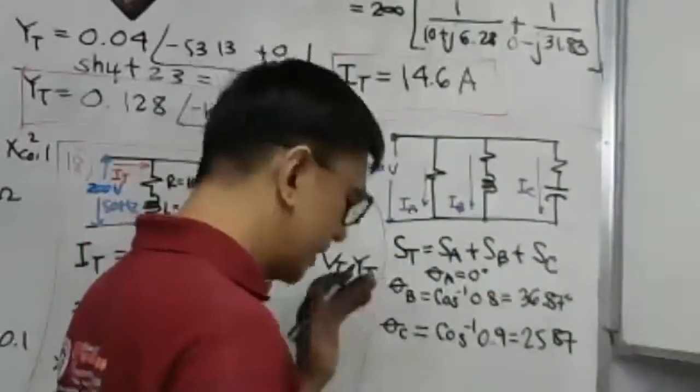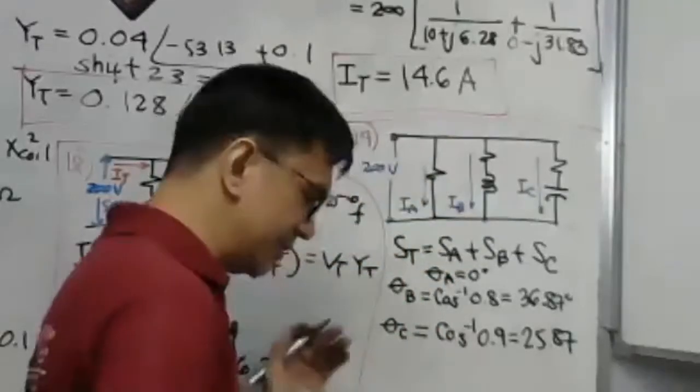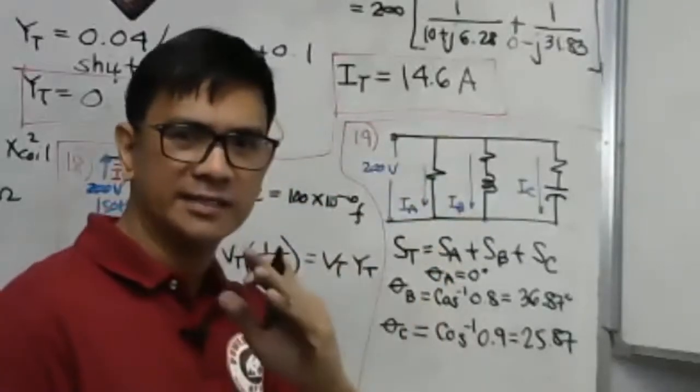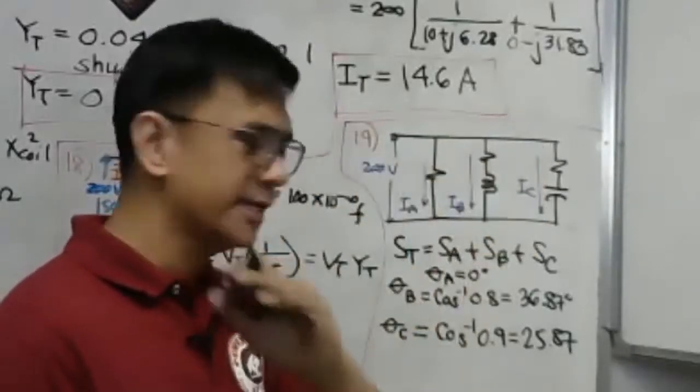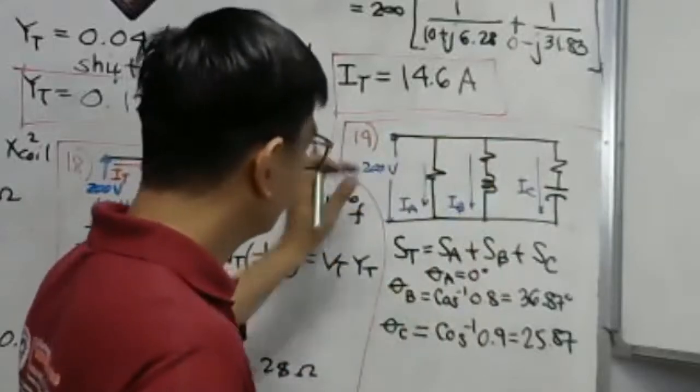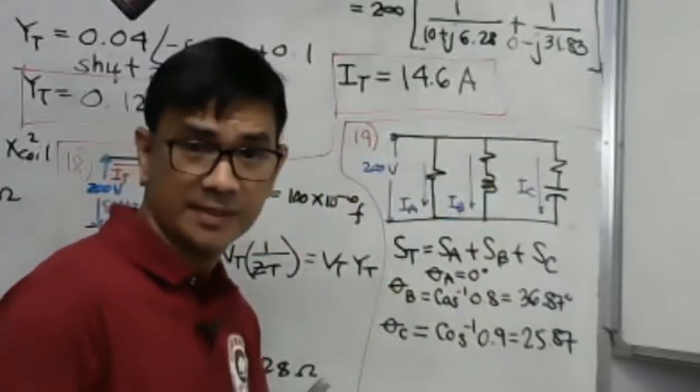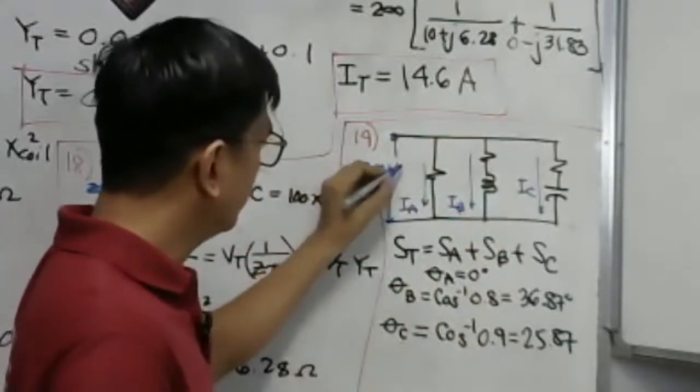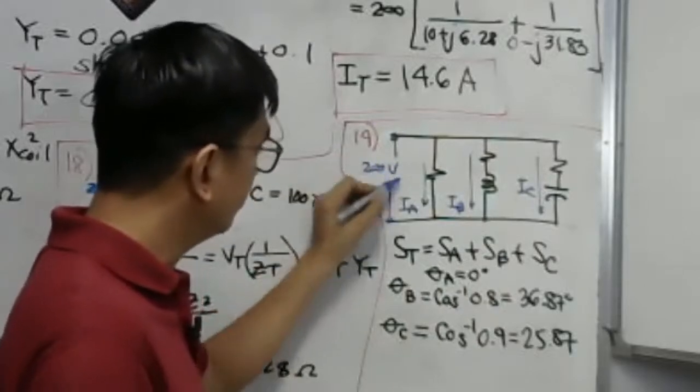What is our S, by the way? Our S is simply equal to the voltage times current. The voltage is assumed to be 0 degrees because there is no given angle here.